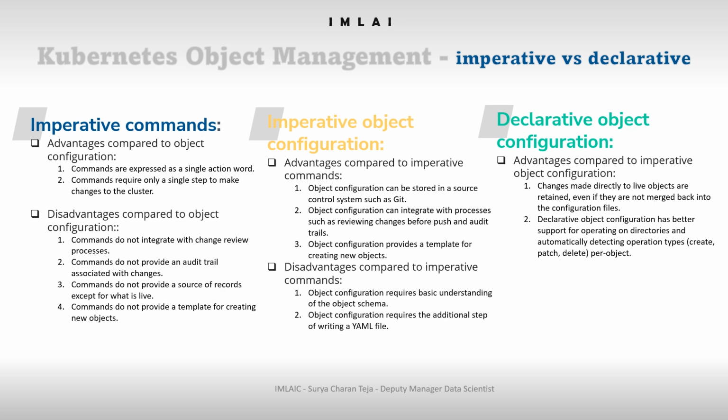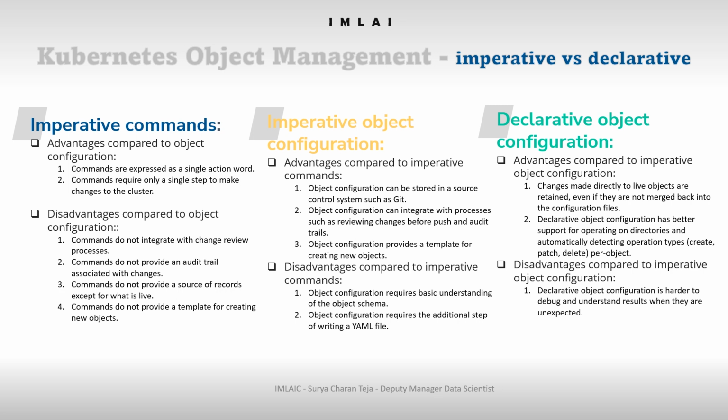It could be create, patch, delete per object. Kubernetes is absolutely dependent on objects. Some of the disadvantages compared to imperative object configuration are that declarative object configuration is harder to debug and understand results when they are unexpected. Partial updates using diffs create complex merge and patch operations.